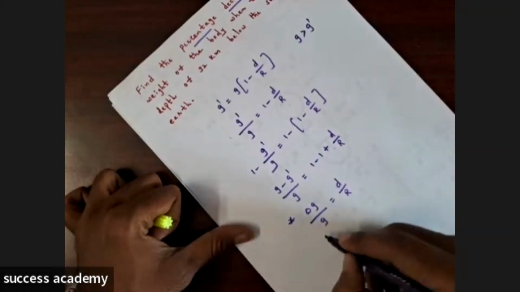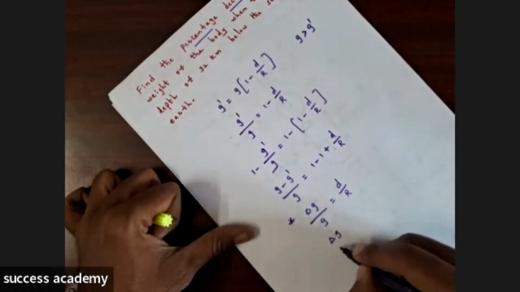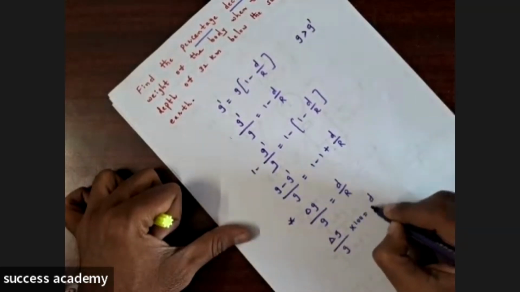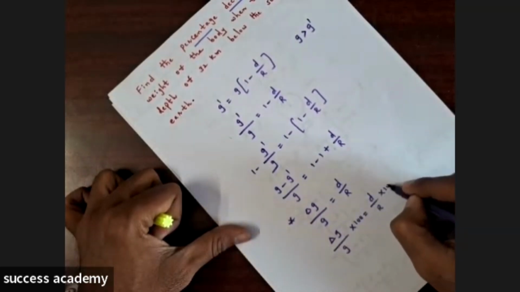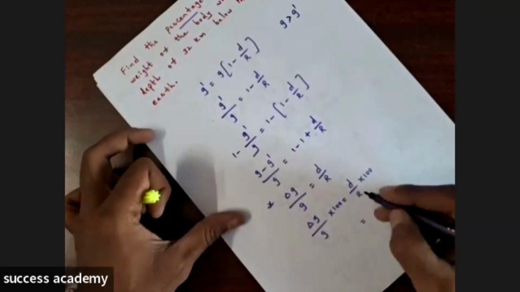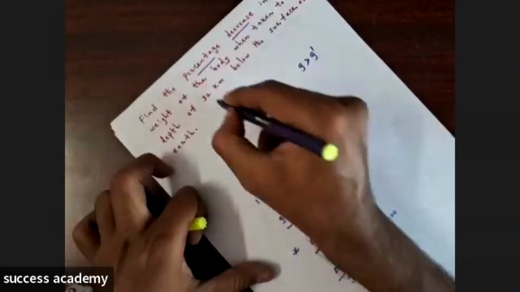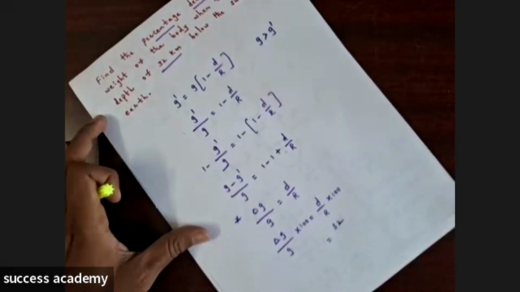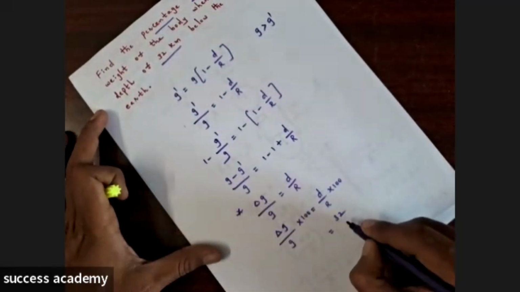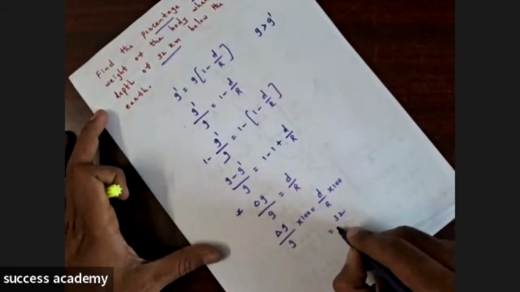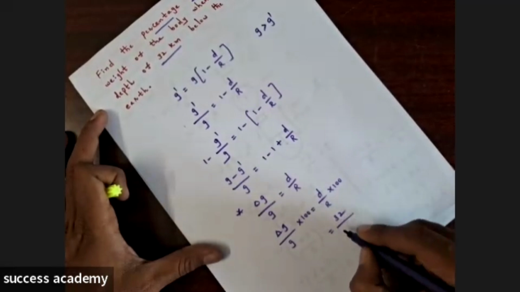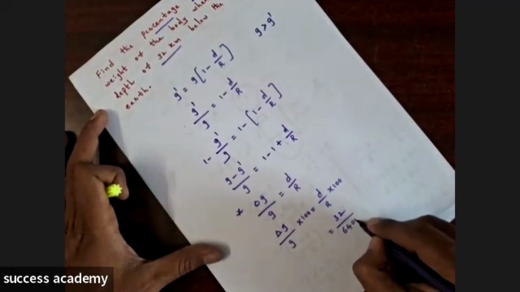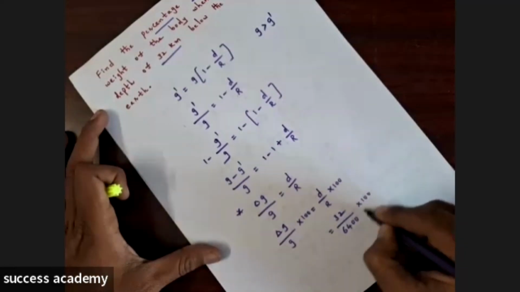Now I need to calculate the percentage change. Delta g by g into 100 is equal to d by R into 100. What is the d value here? 32 kilometers below. So 32 kilometers by the radius of the earth, 6,400 kilometers, into 100.